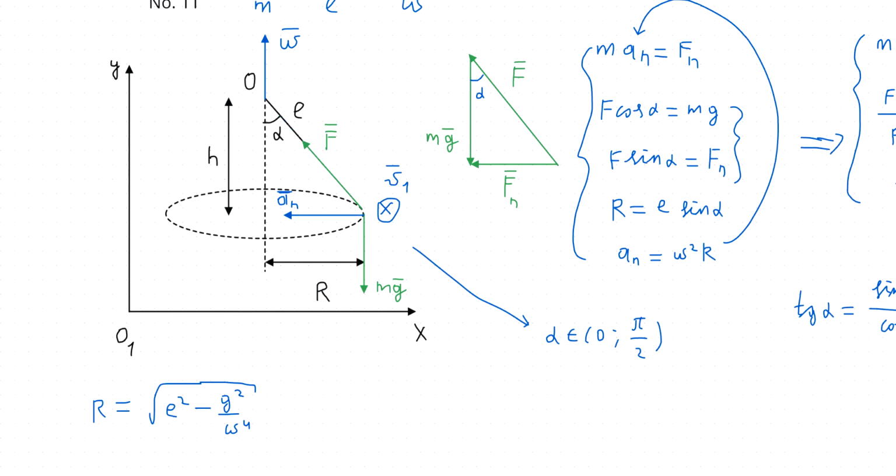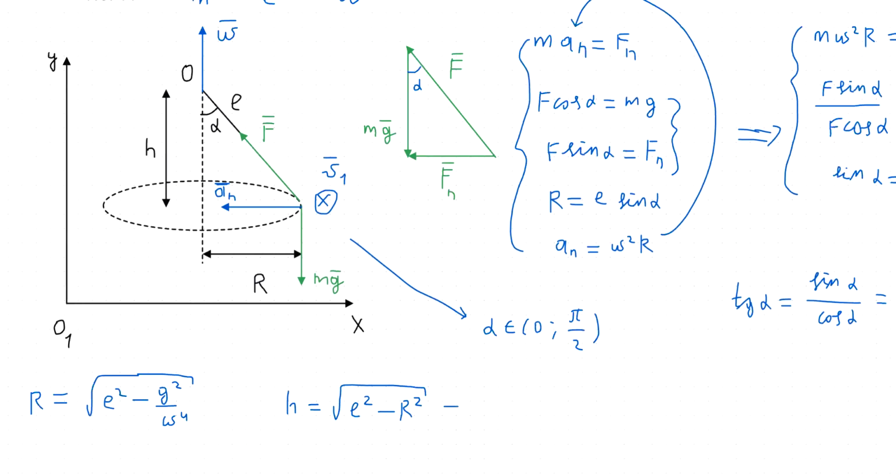So h is equal to square root of L to the power of 2 minus R to the power of 2.